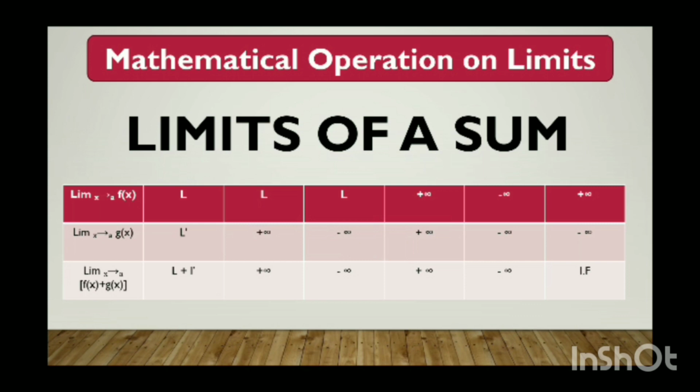On the other hand, if the limit of f of x is L and g of x is negative infinity, then upon addition we are going to have negative infinity. And this continues all the same till the last column. In the last column we have that the limit of f of x is positive infinity and the limit of g of x is negative infinity.